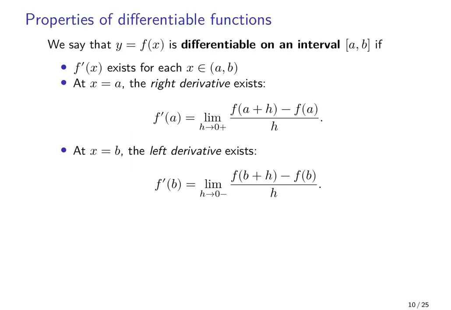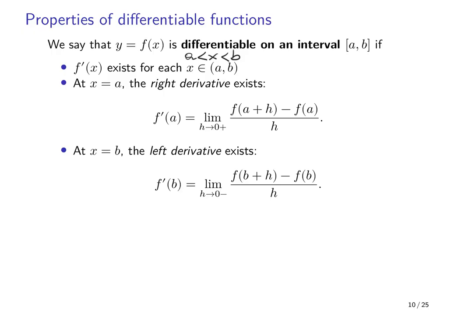Now, a little bit more terminology. We're going to say that the function f of x is differentiable on a closed interval [a, b] if the function has a derivative, f prime of x, that exists for each x in the open interval (a, b). So this is for each x strictly greater than a and strictly less than b.